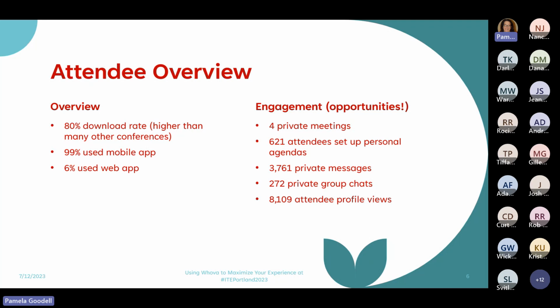About a third to half of the attendees set up personal agendas. There were private messages going back and forth, group chats that were set up, and then attendees were looking at profile views. So exhibitors were looking at profiles, sponsors were looking at profiles, other attendees were looking at profiles. So it really is important to set up your app for success.